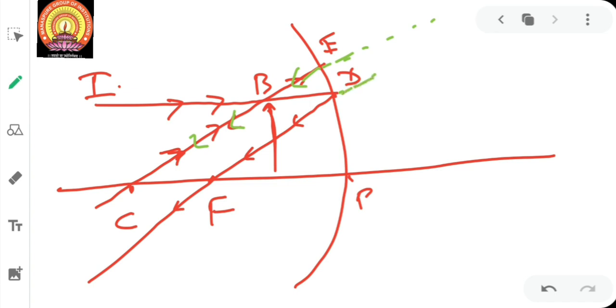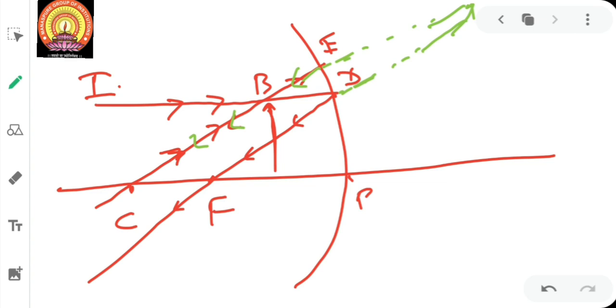If we trace the paths of both of these, somewhere here there would be a point where both the rays would be joining. Somewhere in the path, these rays will meet at a certain point.